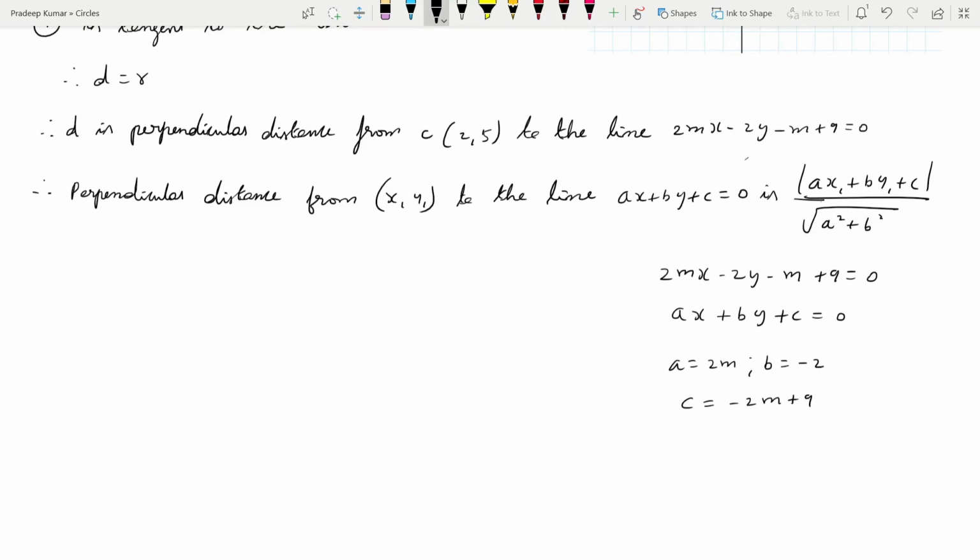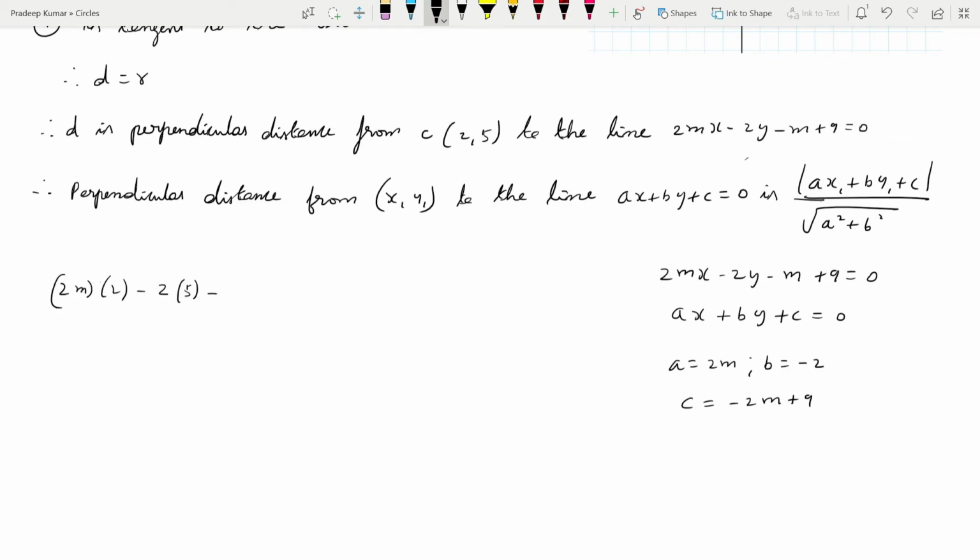So I can write here ax1, where a is 2m and the x value is 2, so 2m into 2, and by1, where b is -2 and the y value is 5, so -2 into 5, whereas the c value is -2m + 9.